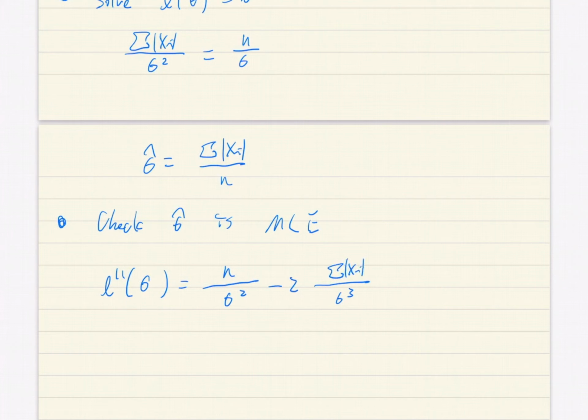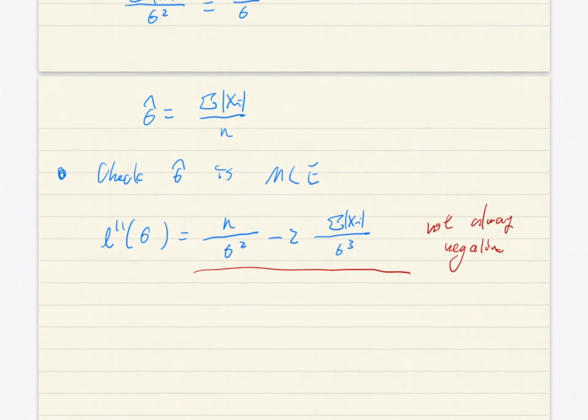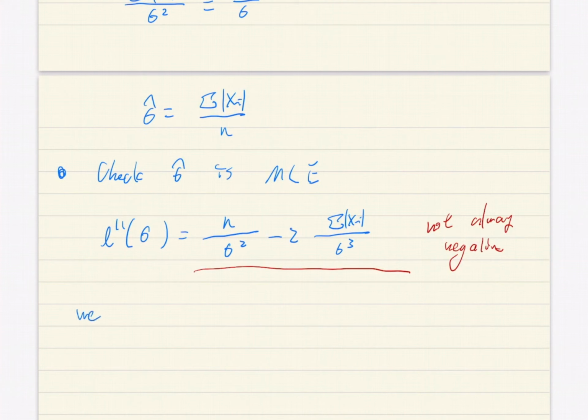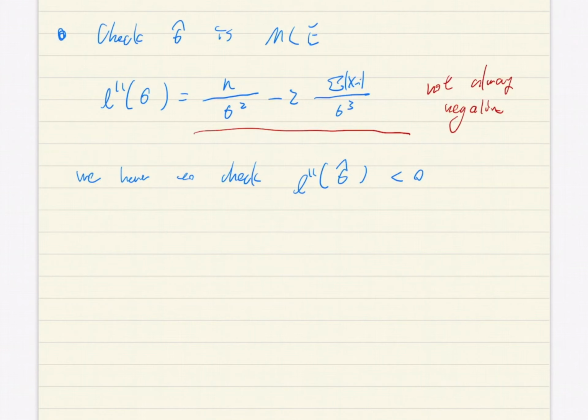Now we can see this one is not always negative. But what we have to check is, when we plug in the estimator, whether the value is negative. Then that's enough to say sigma hat is the MLE.